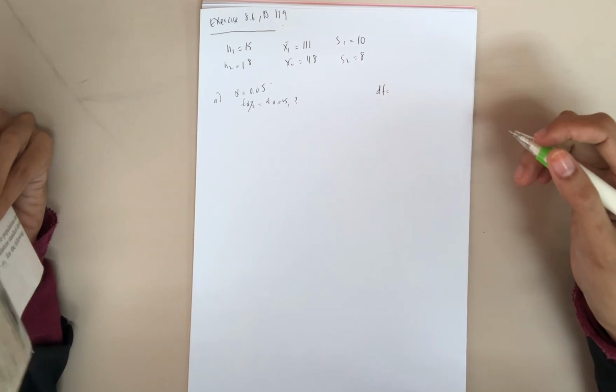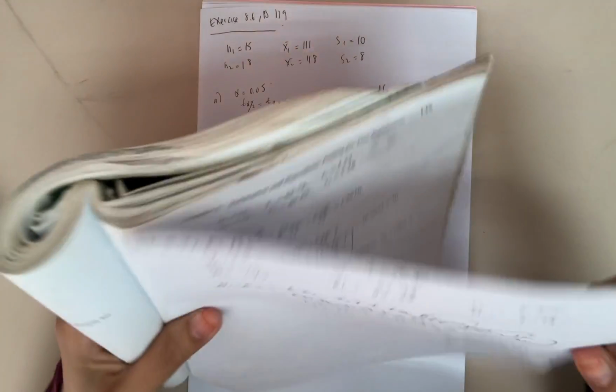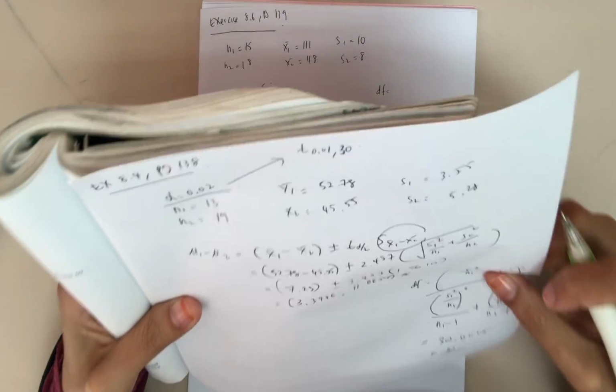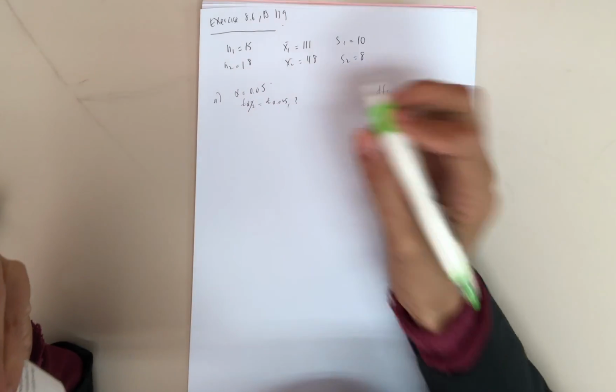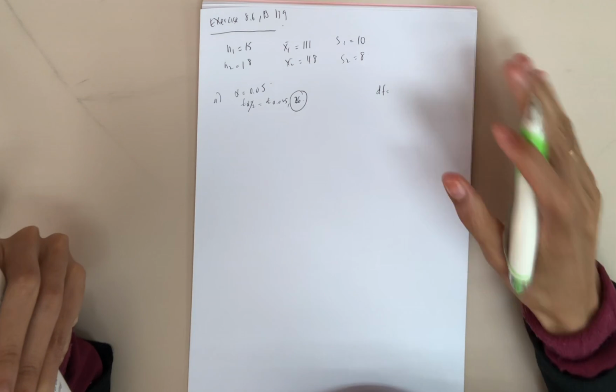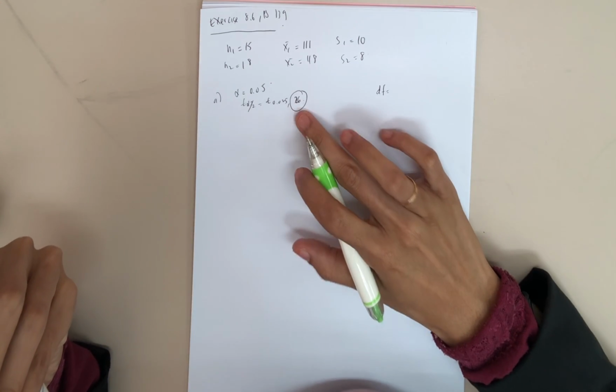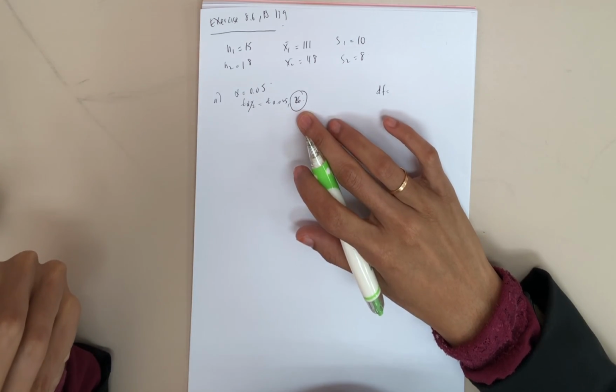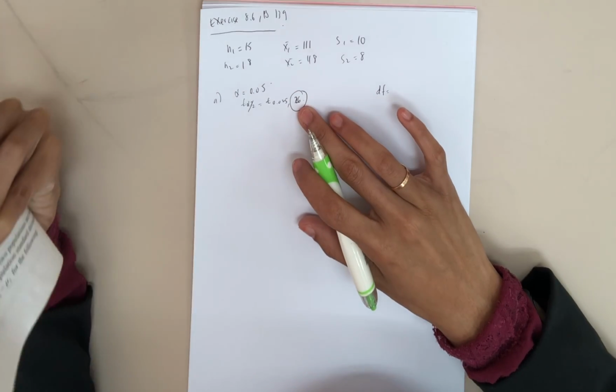Because I already did it before, I'll show you. From my calculation, I get my degree of freedom is 26. So you can do it by yourself, then check with my answer.